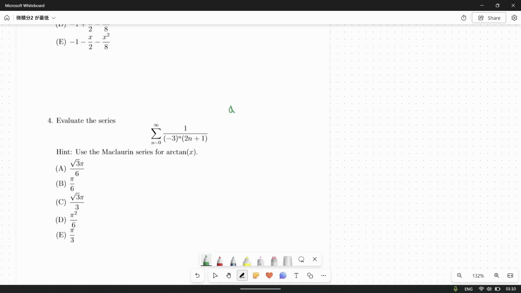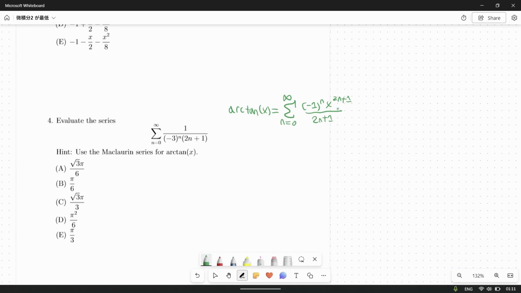We know that arctangent of x, when you convert that to a Maclaurin series, is going to be equal to the sum of n equals 0 to infinity of (-1) to the n power times x to the 2n plus 1 over 2n plus 1.